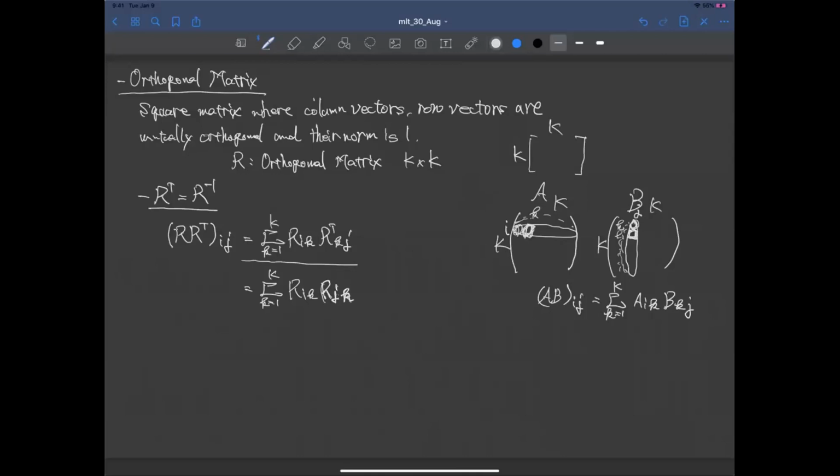This is because this is a transpose R, therefore the kj element of transpose R is the jk element of R. This is natural, right?